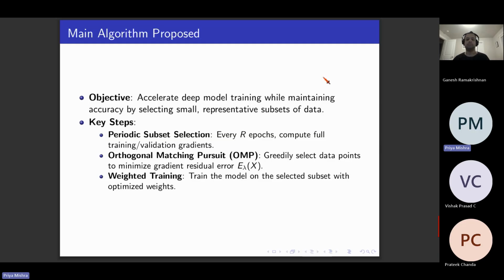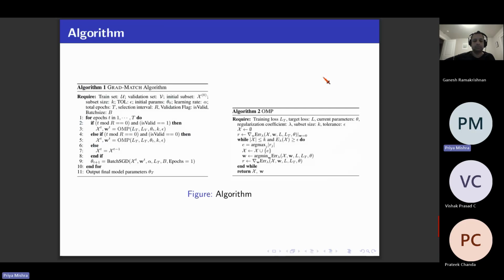For every R epochs, we will get a subset using the OMP algorithm, and this OMP algorithm greedily selects points from the entire data set and puts them in the subset. And we are using weighted training. I mean, we are training on the selected subset with optimized weights. This OMP algorithm gives the subset and the weights corresponding to the subset.